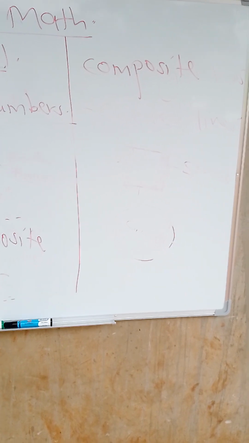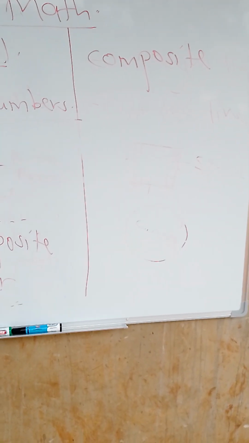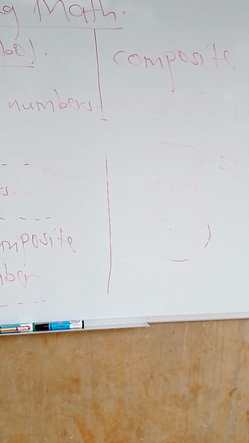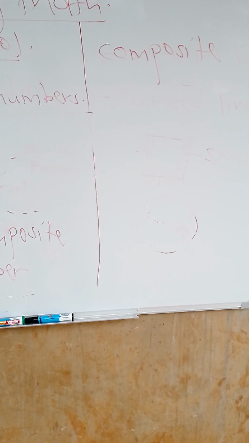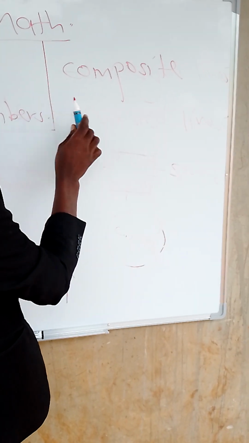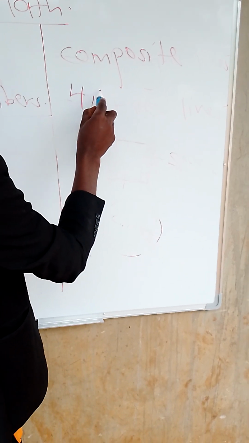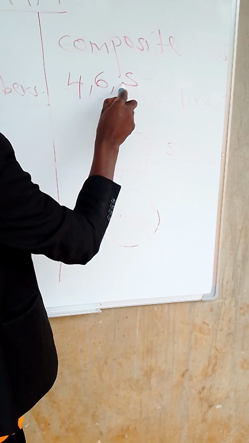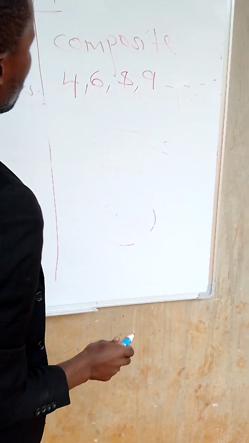A number which is divided by others apart from 1 and itself is a composite number. The rest, apart from the prime numbers, are composite numbers. The first composite number is 4, then 6, 8, 9, and so many others.